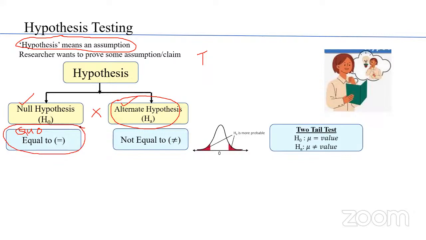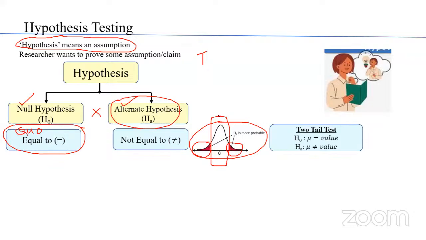If there is an equal to sign, then definitely it's going to be a two tail test, where this is the curve for that. So this is the alternative hypothesis zone, and this is also the alternative hypothesis zone. And the complete area in between is related to the null hypothesis.